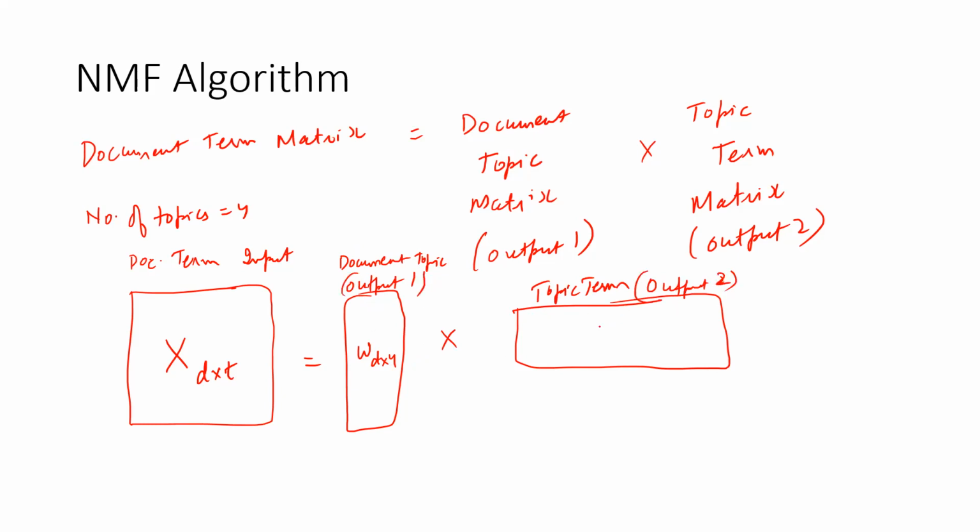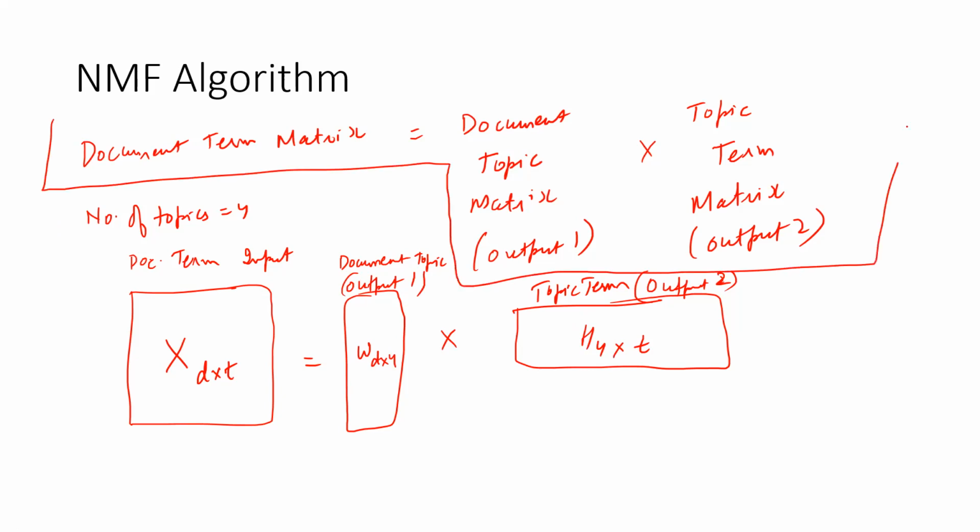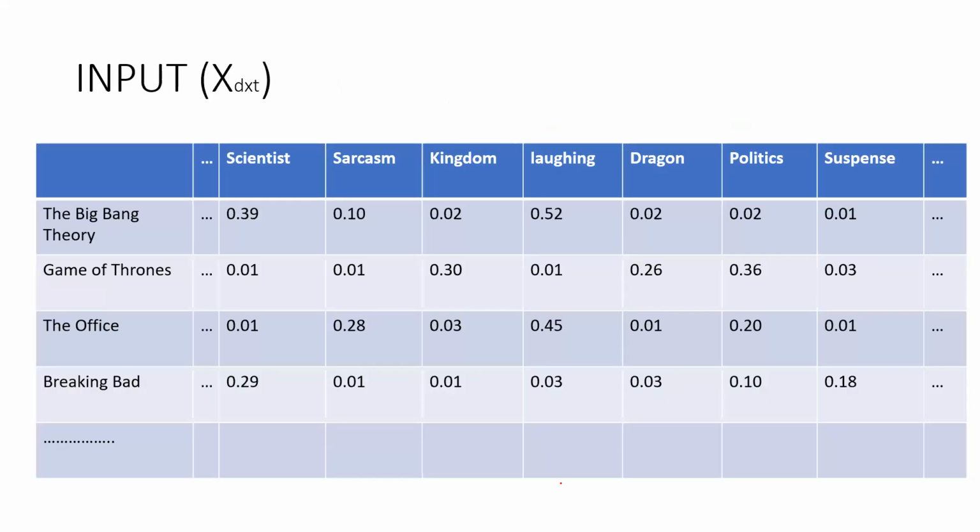So the dimension will be H, 4 into T. This is how NMF works. We have the document term matrix equal to the multiplication of these two outputs. This is the actual thing.